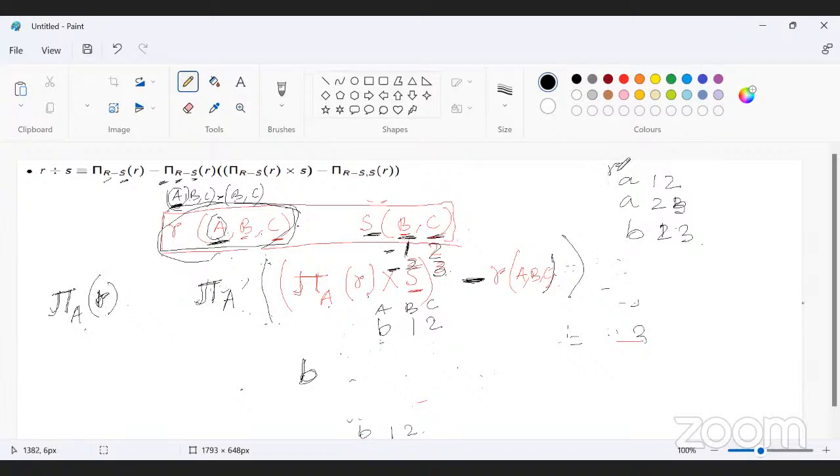This is R. Pi A R gives AB. Minus AB minus B. Then what is the final result? The qualified value is A. And you can check here also: 1, 2, 2, 3. Okay. Got it.